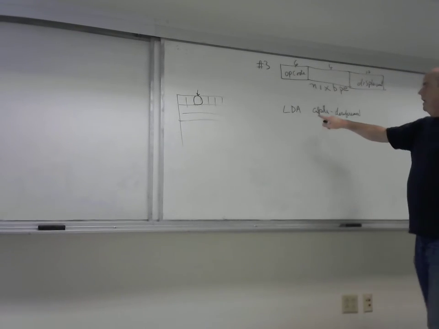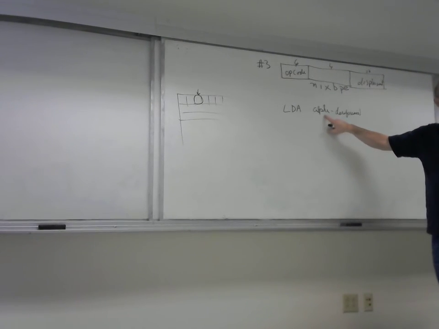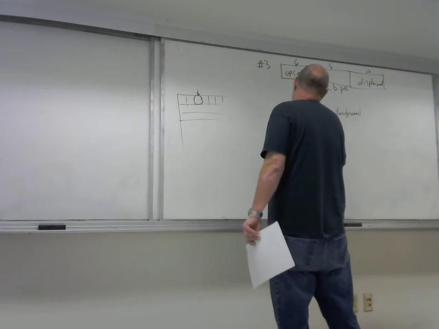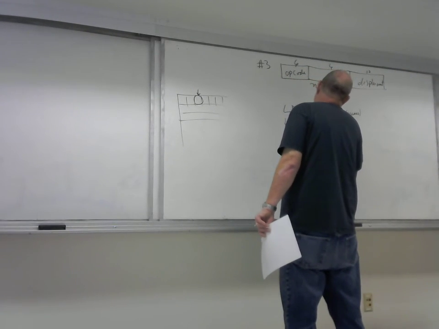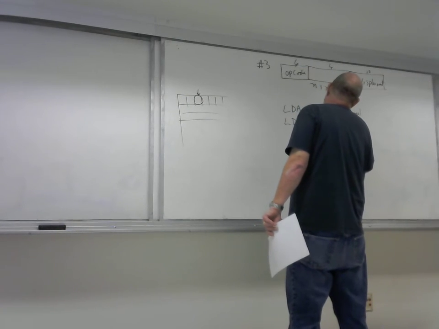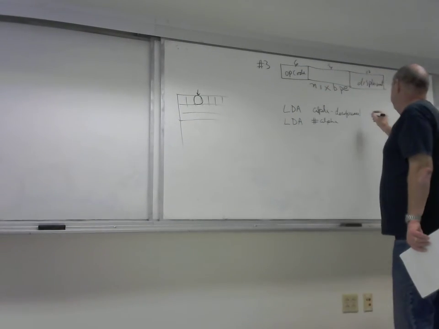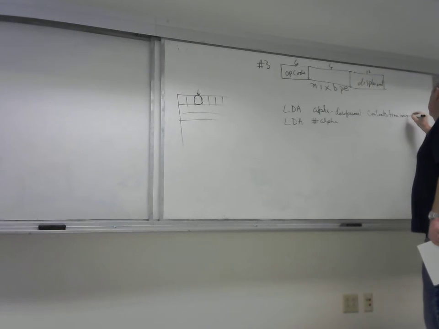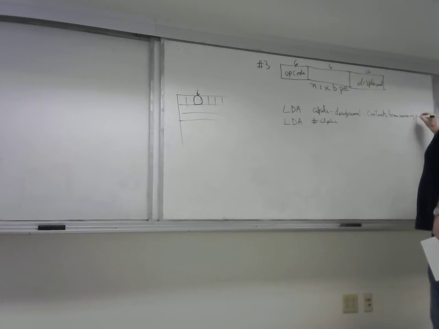So LDA alpha says go to alpha, read what you find in memory at alpha, and load it in register A. Okay, we have LDA pound sign alpha. So let me put contents from memory at alpha. Go to alpha and read the contents in memory.